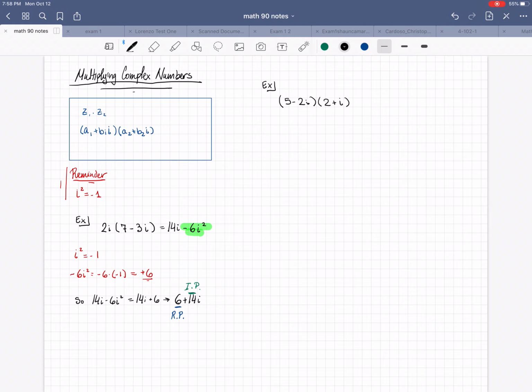Again, we're going to take advantage of the fact that the distributive property applies in the complex numbers just the same way that it did in the reals. For those of you who are interested, it's really interesting that the distributive property continues to hold even though we've expanded the class of numbers we're looking at.